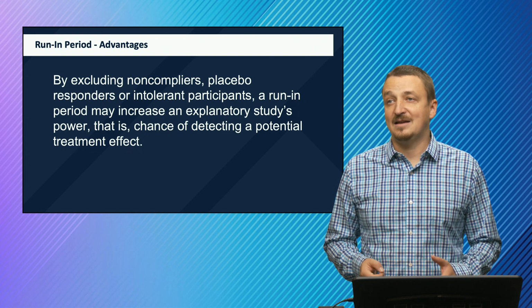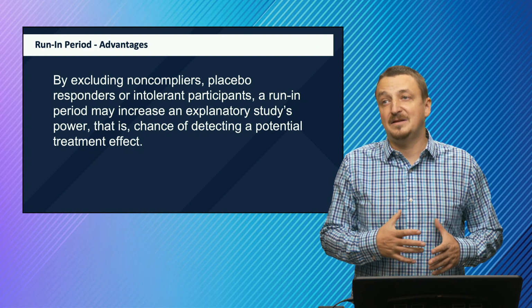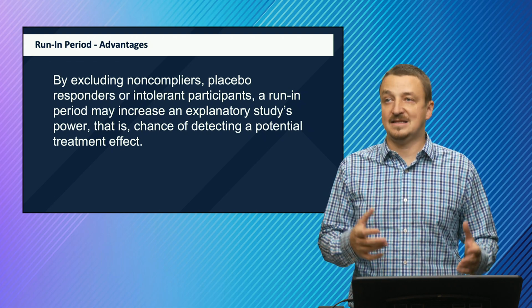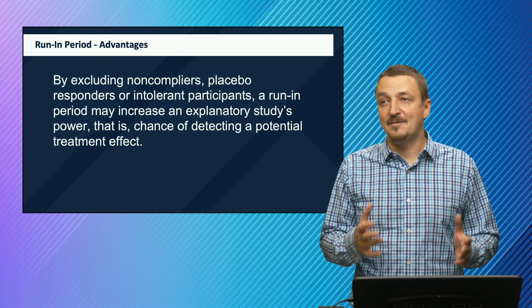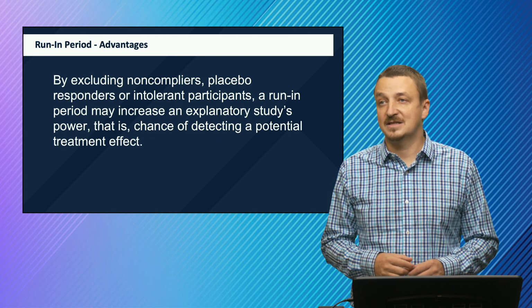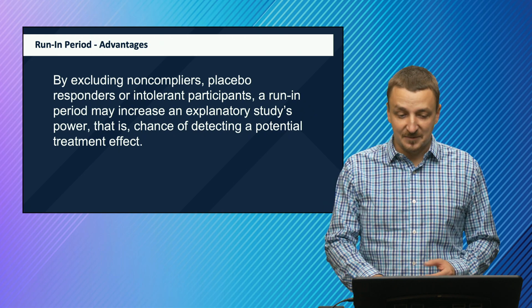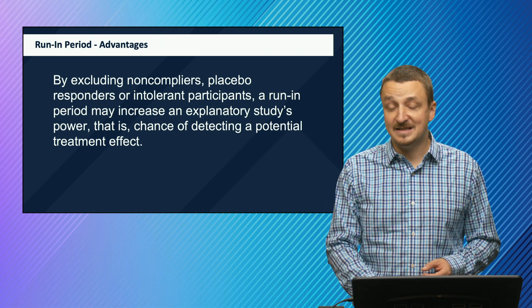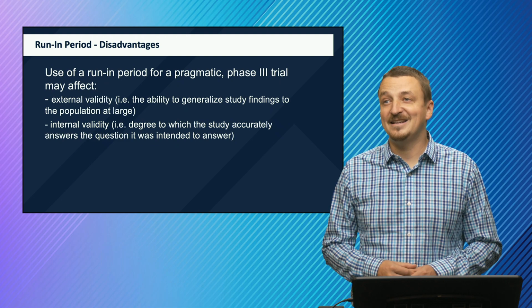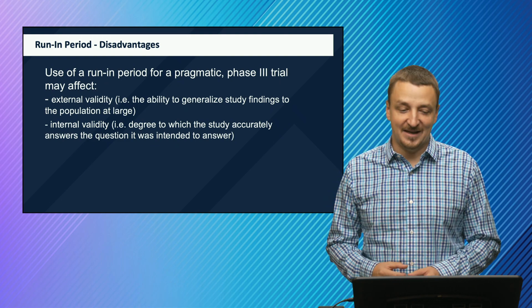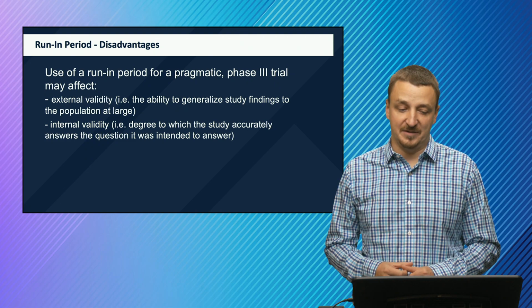If it's not easy for us to enroll a large number of patients into a study, that is something we can implement into our study design to increase the power and feasibility. So it has very reasonable advantages, but it doesn't only have advantages. There are also some very important disadvantages that come with the run-in period.